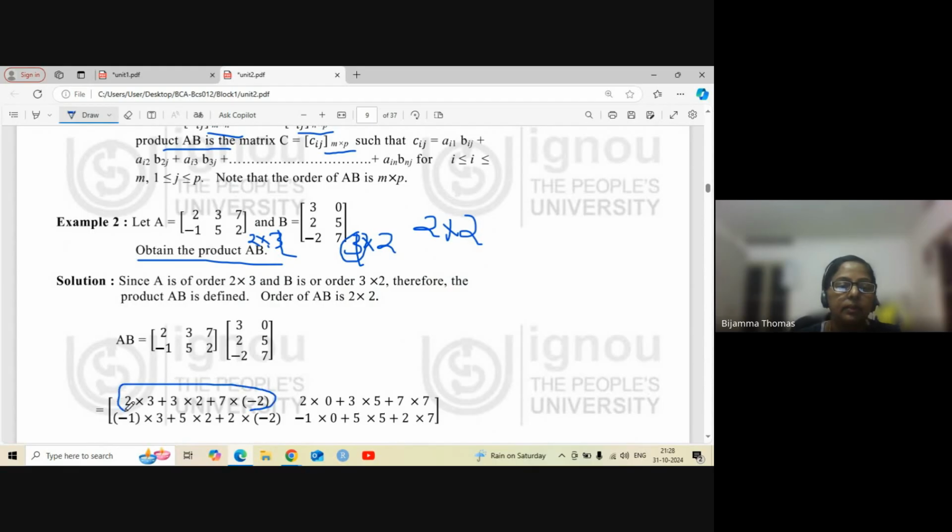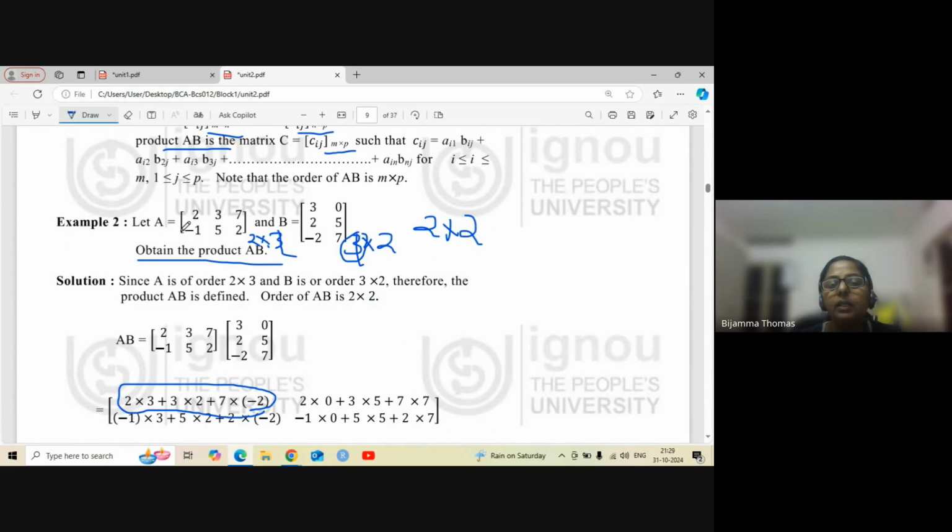Is it clear? The first row multiplied by the first column, then you get the first element. Then the first row multiplied by the second column, you get the second element, A11, A12. Then come to the second row.